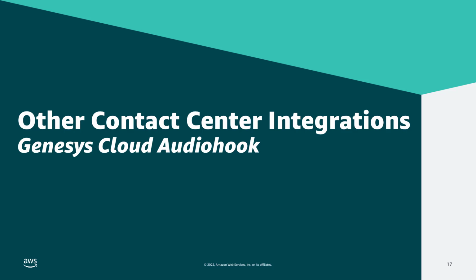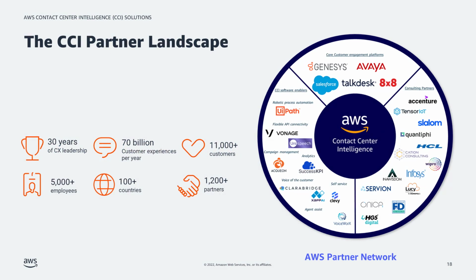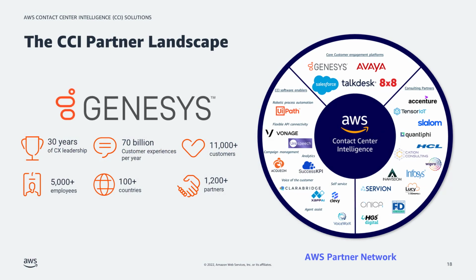But you can also integrate with, let's say, a WebSocket-based protocol. So here we have an example of such integration. It uses Genesys Cloud Platform's AudioHook protocol, which was published recently. And Genesys is one of the CCI partners that provide contact centers both on premises as well as on cloud.